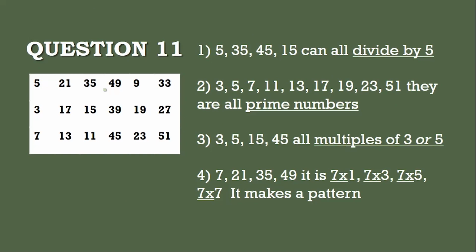Then you say to them, group them together and give me a reason why you grouped them together. So you are not dictating by saying you must put odd numbers together, or you must put numbers together that can be divided by 5. You open it up and you say to them, make a group and tell me why you did this group. Remember, this is a constructivist way of teaching.